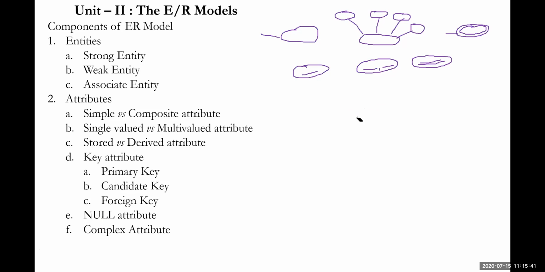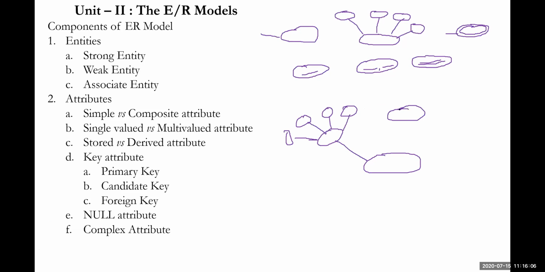Let me draw it with some space here. A complex attribute seems like this. It has one composite attribute, and you may have any number of composite attributes.